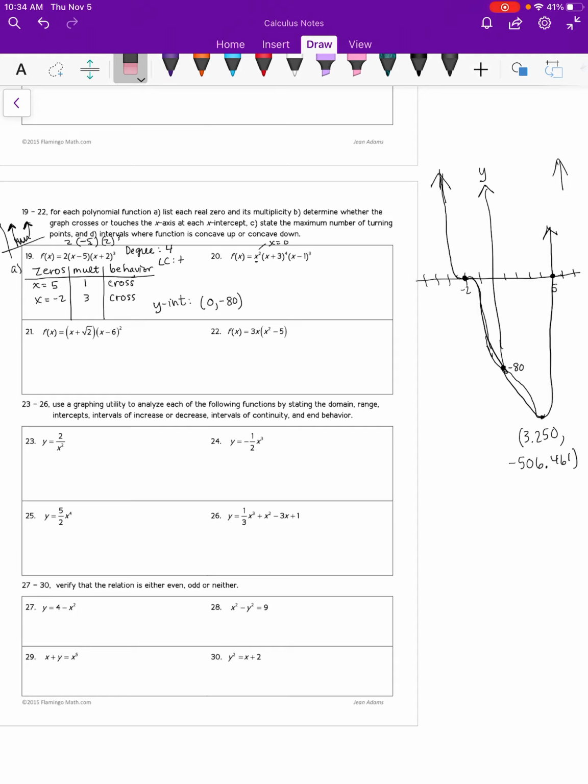You guys need to put this in your calculator because I'm not doing a very good job of drawing this. I don't know if it's this pen that I'm using, but I do know that the y-intercept is correct. And I also know that this is way down there. So maybe I should move this up a little bit and I would have a better time, because we really haven't done anything on the y-axis.